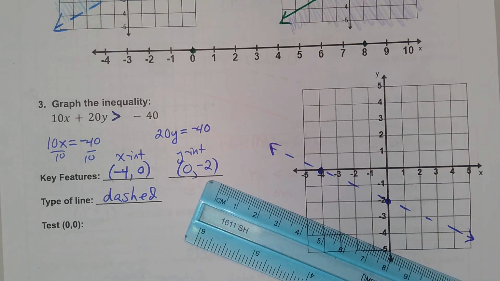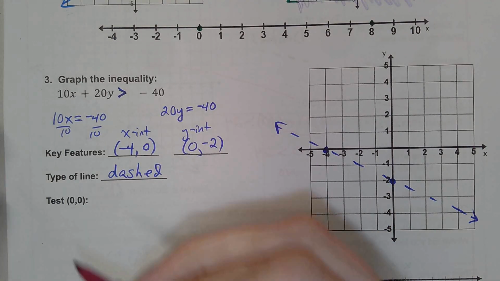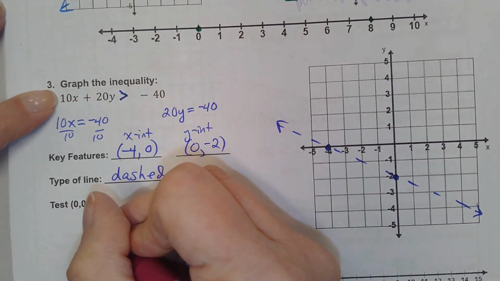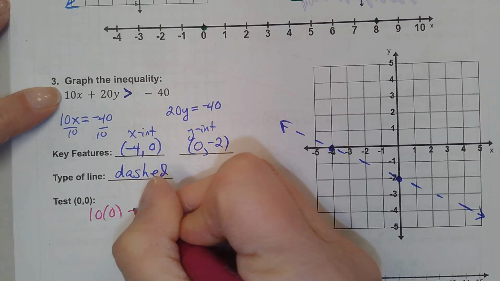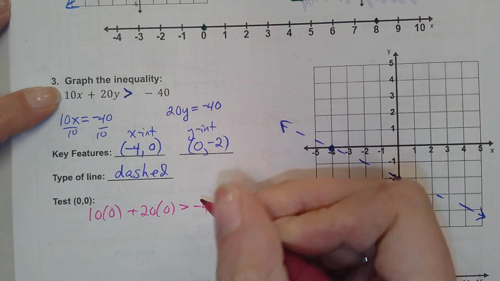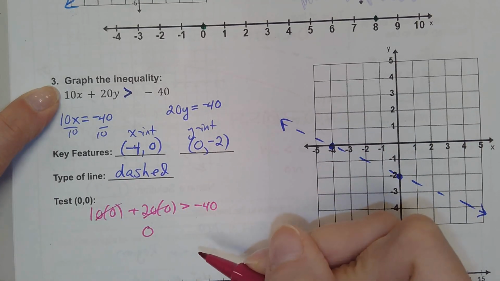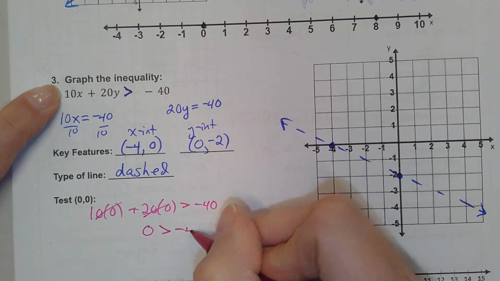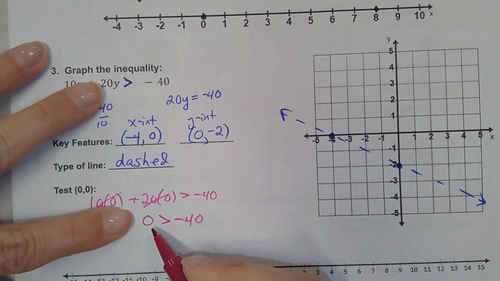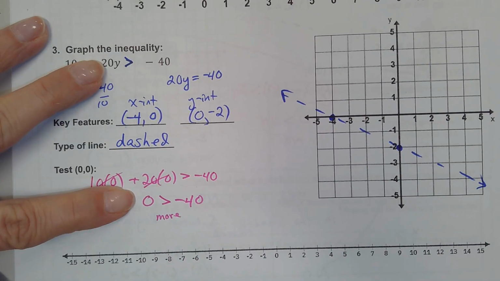And now it is time to test 0, 0. When you put 0 in for the x, 10 times 0 plus 20 times 0, 0, 0, that's always going to make a 0. The question is, is 0 more than negative 40?